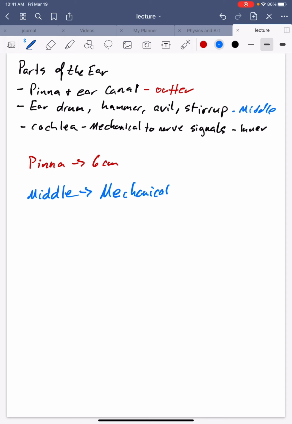And this mechanical motion is then taken to the inner ear, and the inner ear, from the vibrations in the eardrum and the interaction between the vibrations and the bones, is where I take this mechanical motion and turn it into nerve pulses, which is the purpose of the cochlea.